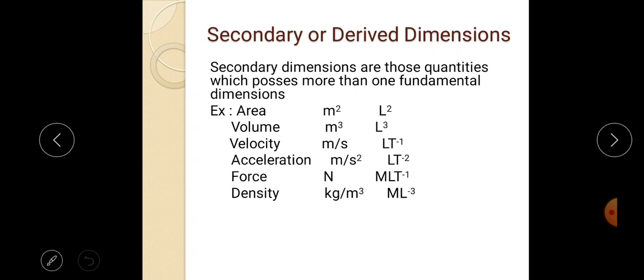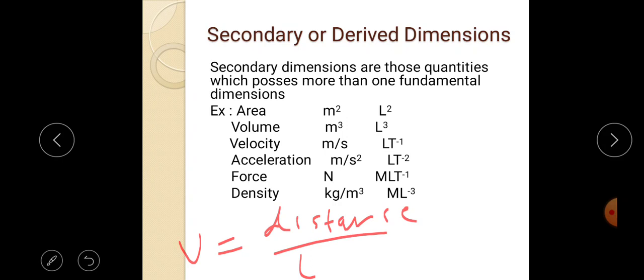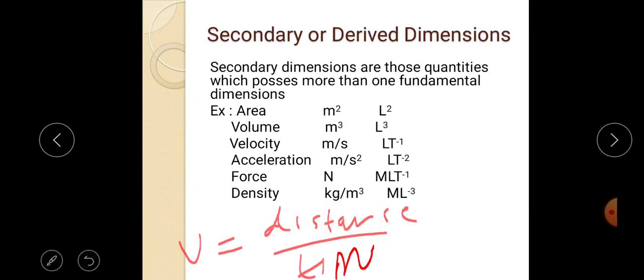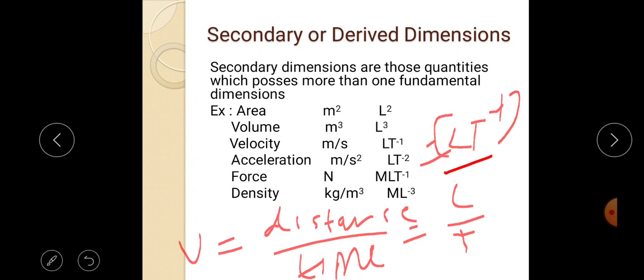Suppose I take velocity. So what is the formula of velocity? V is equal to distance per time. Distance we measure in L and time in T, so it is LT minus 1, which is written here.